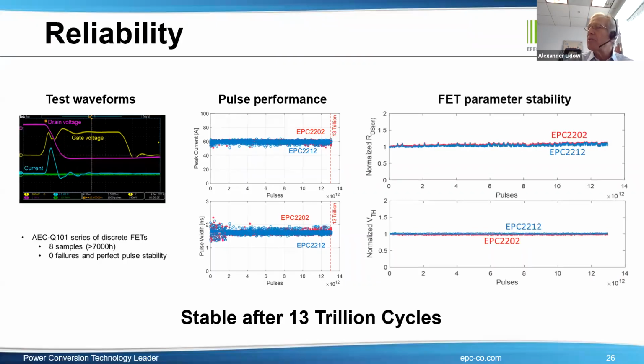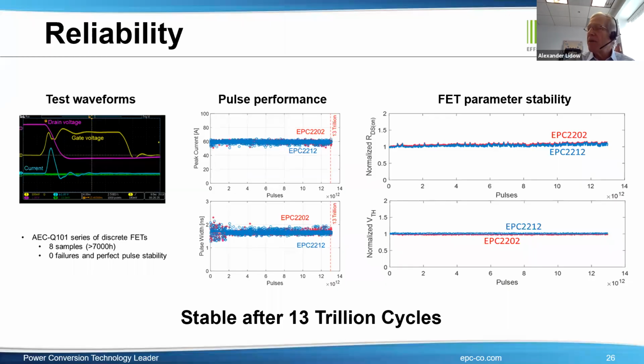All of the FET parameters are totally stable after 13 trillion cycles. So at least so far, again, this is with 2 different types of automotive certified parts. And so far, we have seen no new failure mechanisms from this extraordinary speed of these devices.